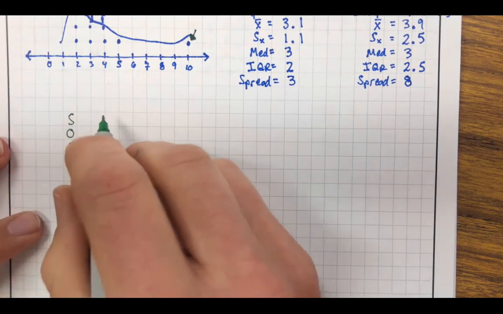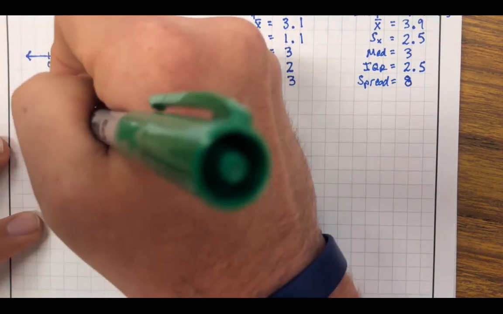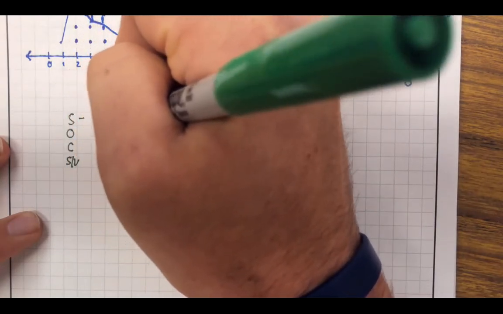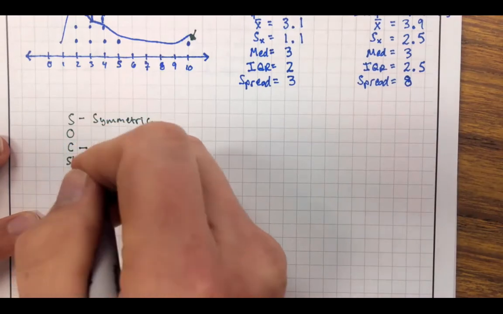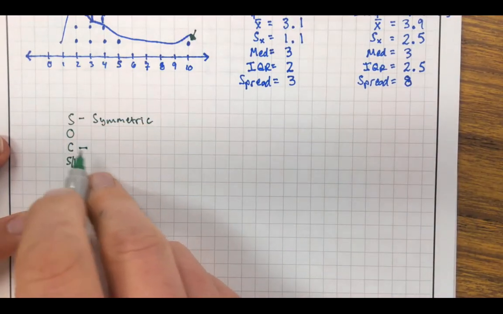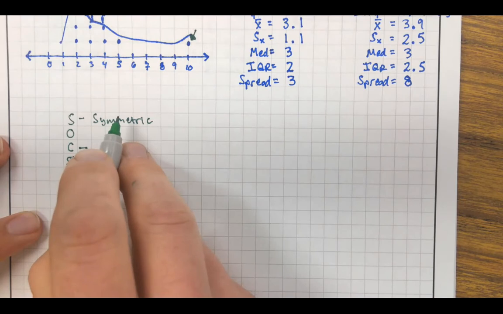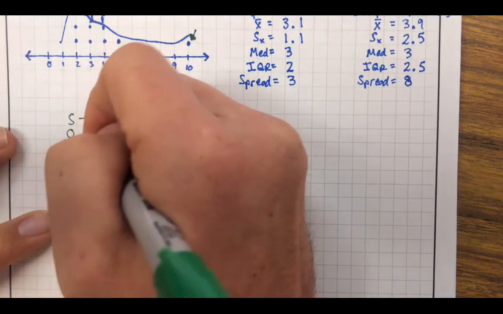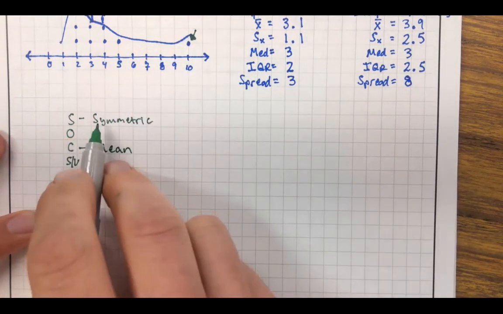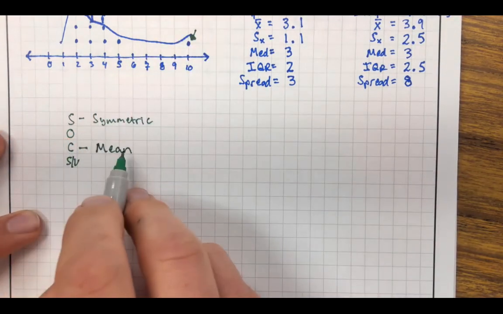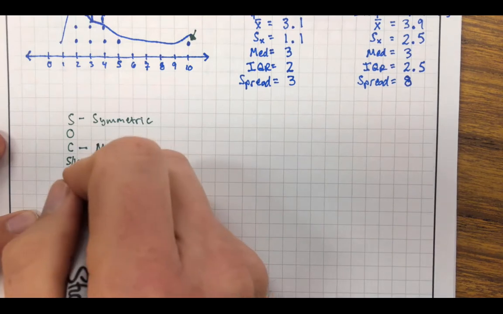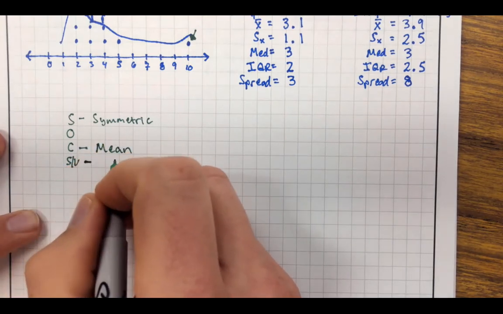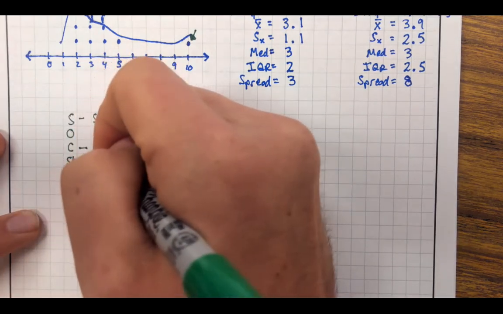If the shape is symmetric or roughly symmetric, the measure of center you should choose, because it's going to give you more information, is the mean. If a distribution is symmetric, you should absolutely use the mean. For spread and variability, if you use the mean, you're going to want to use standard deviation to describe variability.